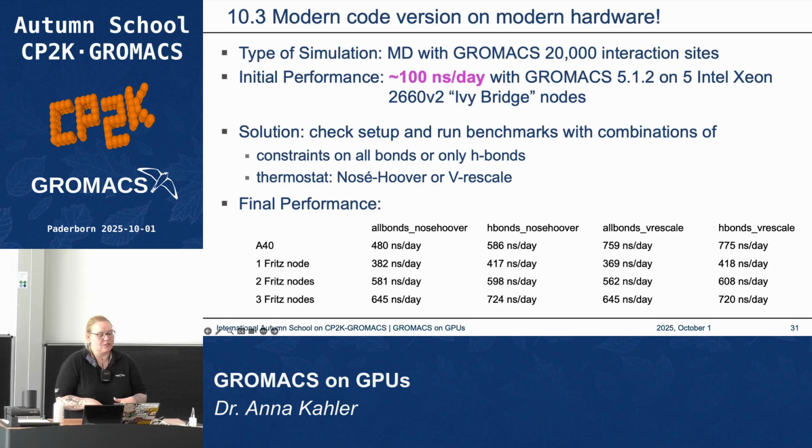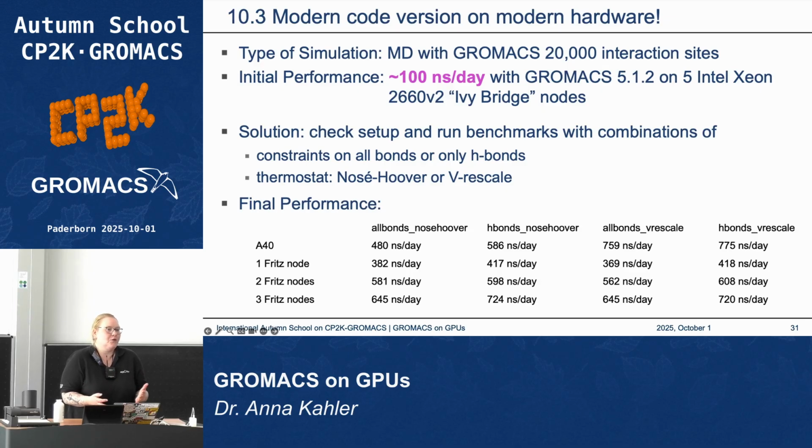In that case, we decided to check the setup and ran the benchmarks in a combination of, do we need the constraints on all bonds, or can we put them only on the hydrogen bonds? That was a question we asked the researchers. This is nothing we were able to decide for them.